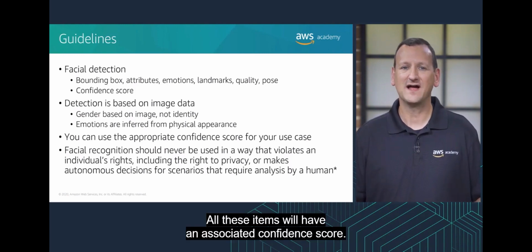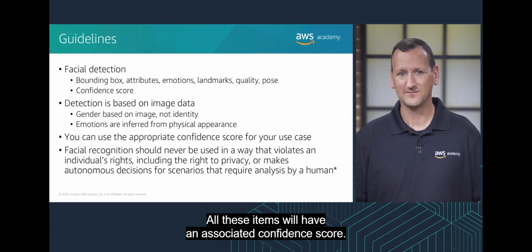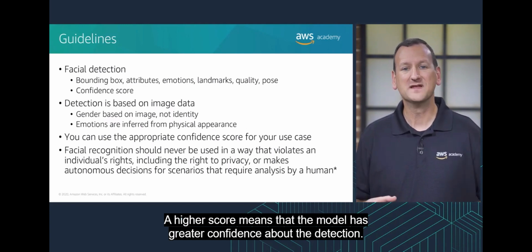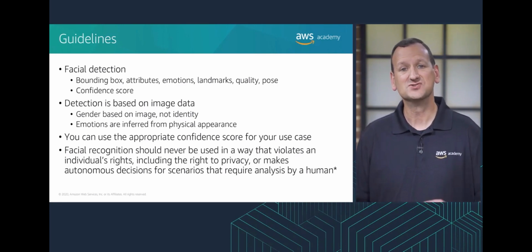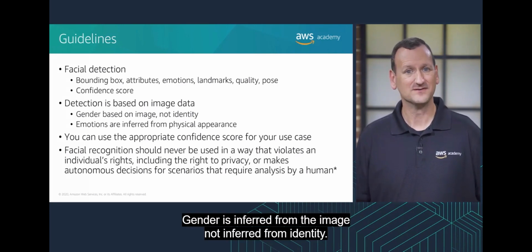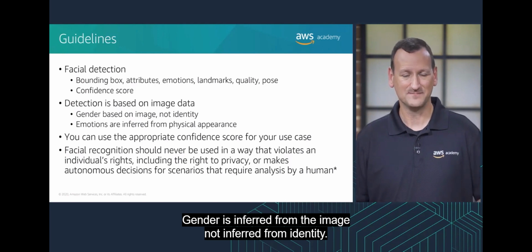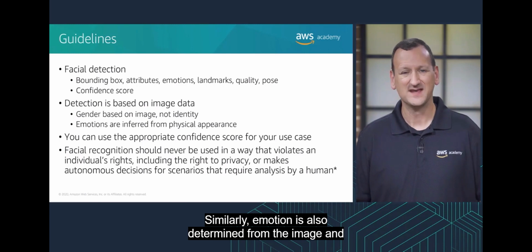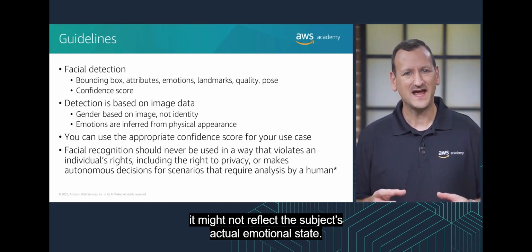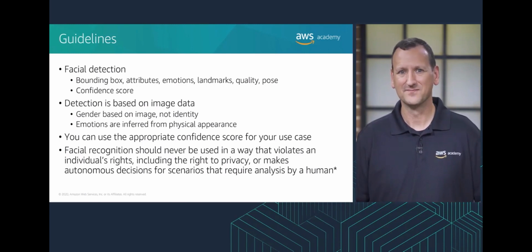All these items will have an associated confidence score. A higher score means that the model has greater confidence about the detection. Gender is inferred from the image, not inferred from identity. Similarly, emotion is also determined from the image, and it might not reflect the subject's actual emotional state.